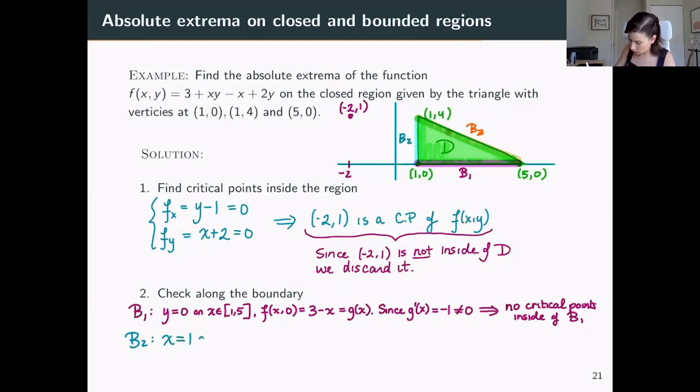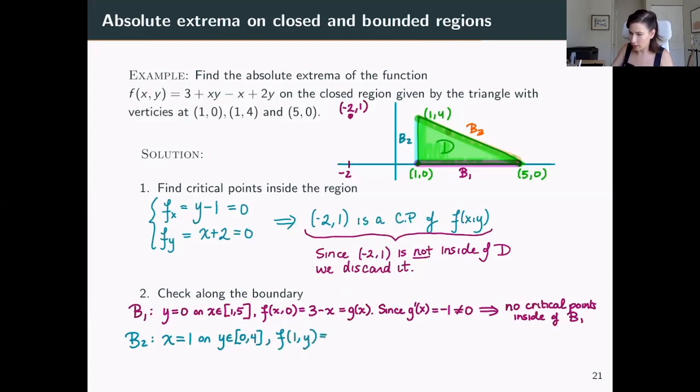And here we're working on the interval of y being between 0 and 4. So we're restricting our x to be 1 between y equals 4 and 0. And so we can do the same thing. We're looking at f where my x is now restricted to being 1, and my y is between 0 and 4, but it's still a variable y.